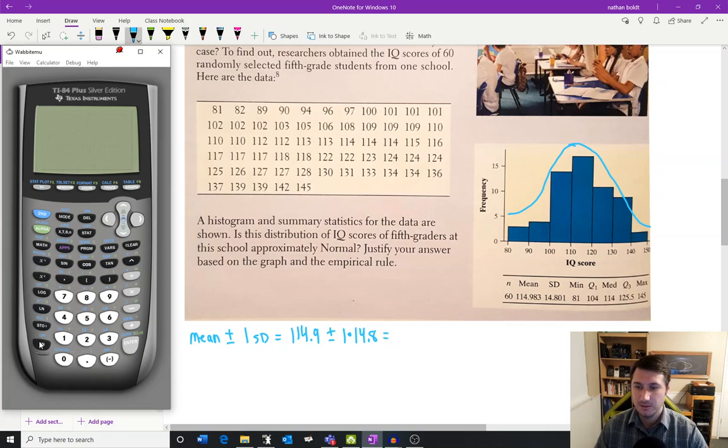So we'll put that into the calculator here, 114.9. I'll do plus first, 1 times 14.8. And we get 129.7, so that's the larger value. Now the lower one, change that to minus, and we get 100.1.